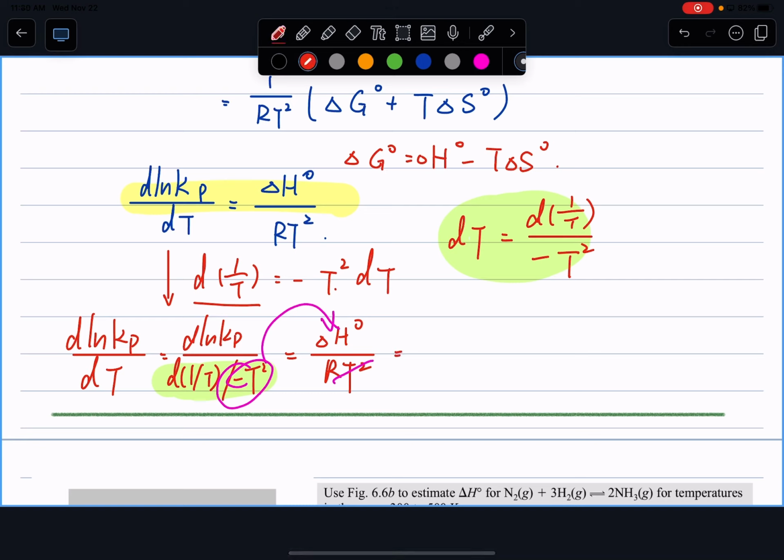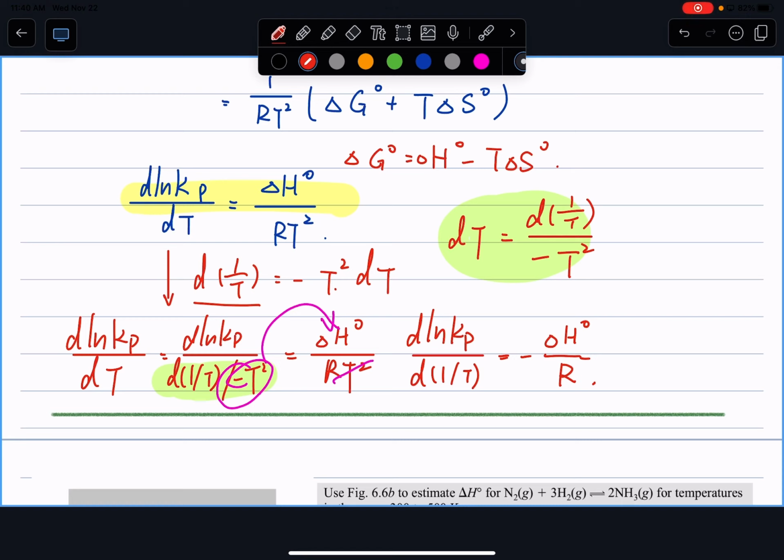So we end up having an expression of d ln Kp over d 1 over T equals negative delta H naught over R. All right, so this part is again just using calculus.